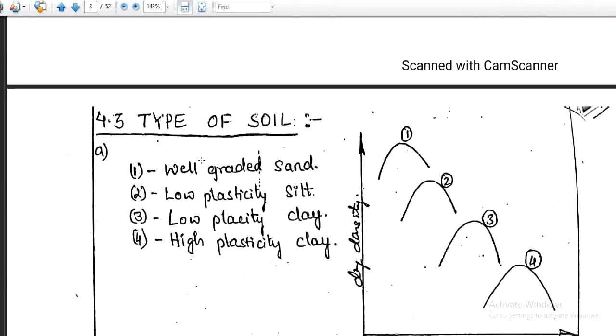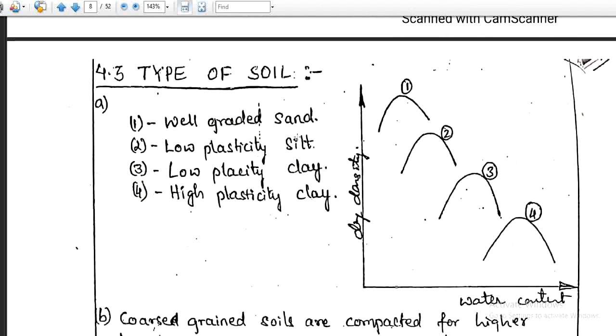So third one, type of soil. If it is well graded soil, it needs more compaction effort. If it is a low plasticity silt, it needs a little bit less compaction effort. Similarly, if it is a plastic clay, it needs a little bit less compaction effort, and if it is a highly plastic clay, it needs more compaction effort.